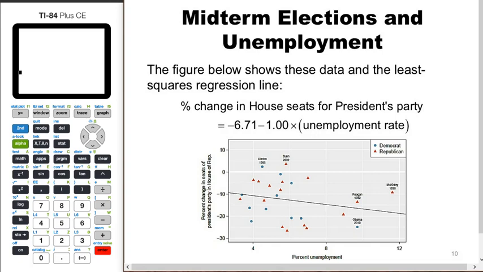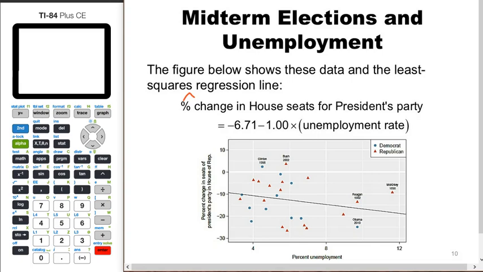This is basically the predicted, so it's the sample percent change in House seats for the President's Party: negative 6.71 minus 1.00 times the unemployment rate. So the negative 6.71 means that when the unemployment rate was 0, the President's Party would still be expected to lose 6.71% on average. Well, anyway, it doesn't matter.